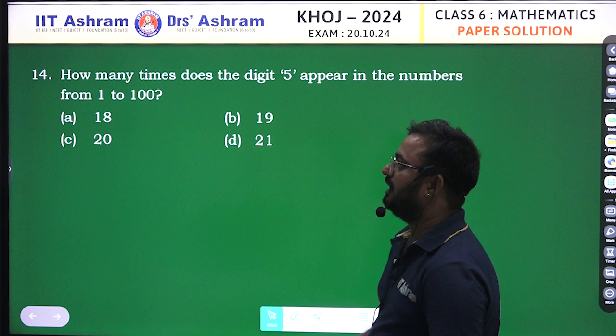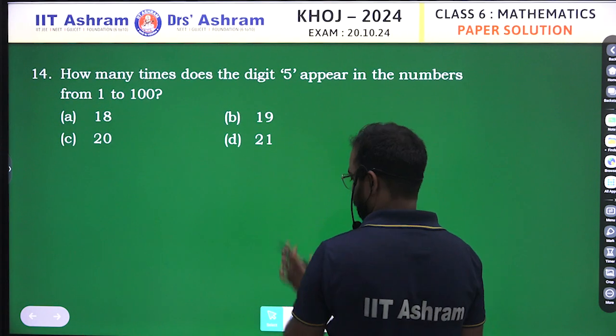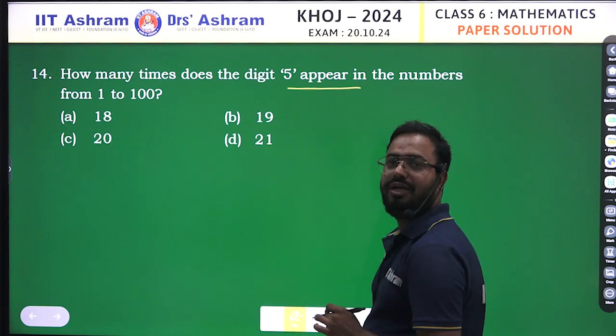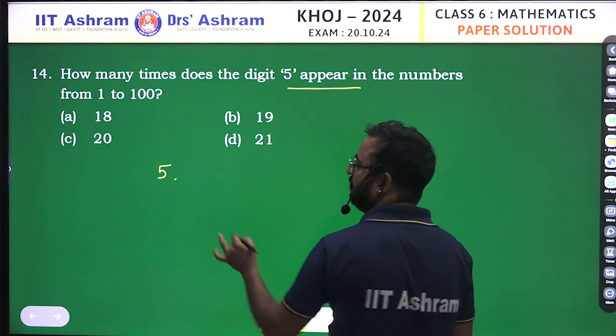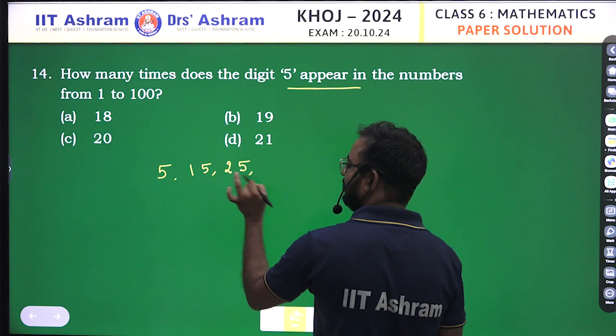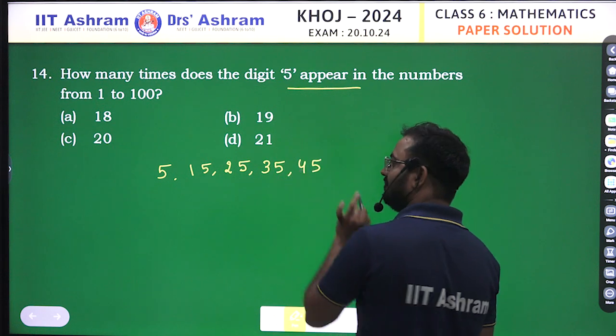Next, question number 14. How many times does digit 5 appear in the numbers 1 to 100? 1 to 100 में सबसे पहले 5. Now 15, 25, 35, 45.